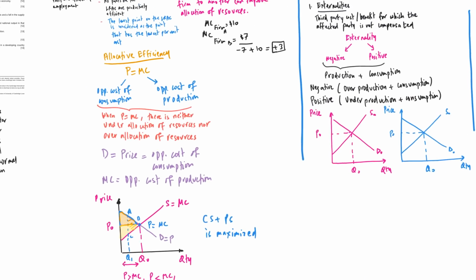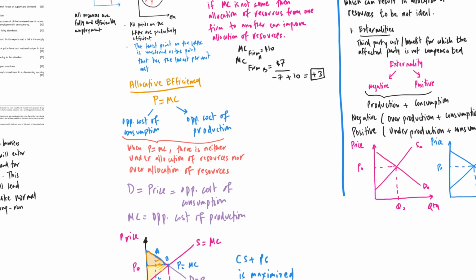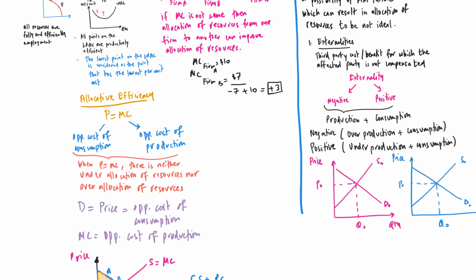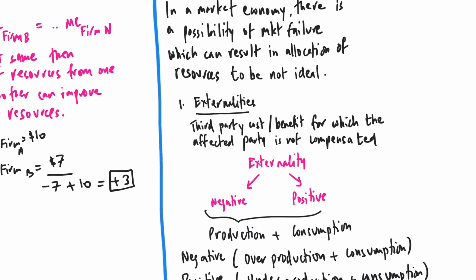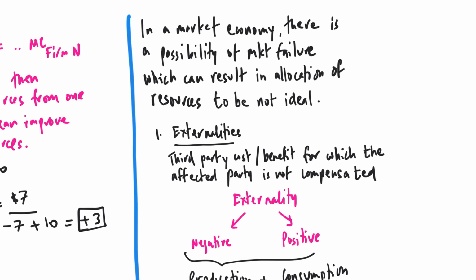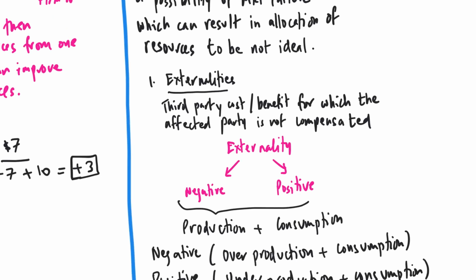Then we talk about how, in a market economy, there could be a possibility of market failure. Market failure can result from various reasons. The first one is externalities. An externality is a third party cost or benefit for which the party is not compensated.